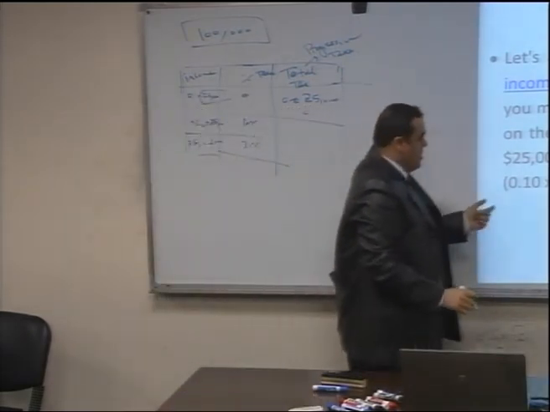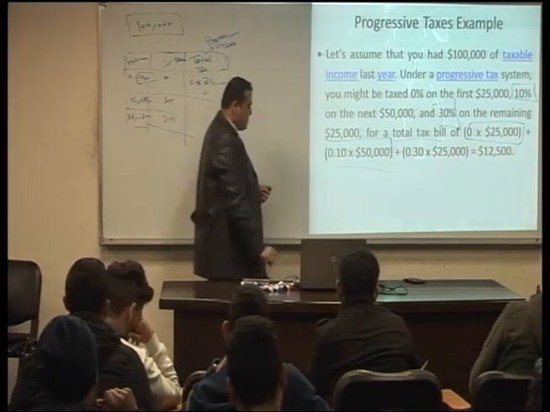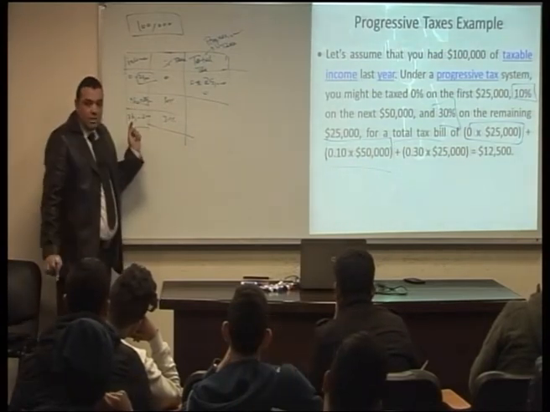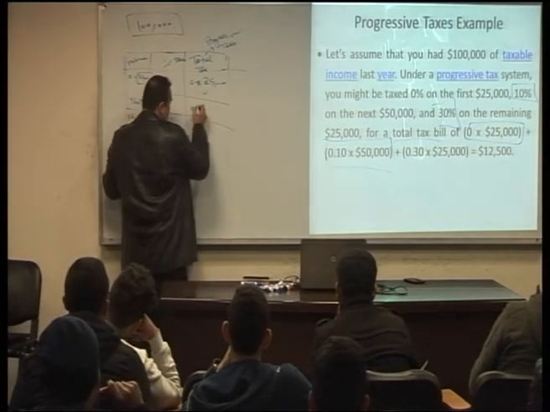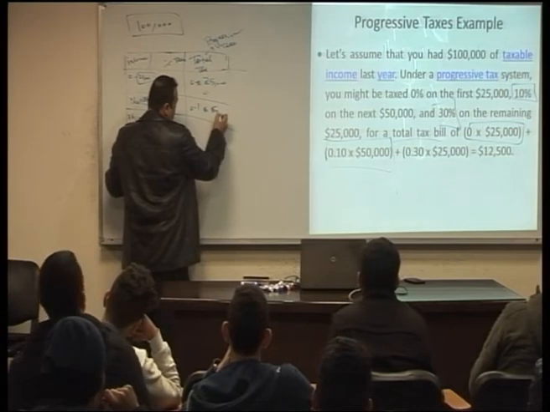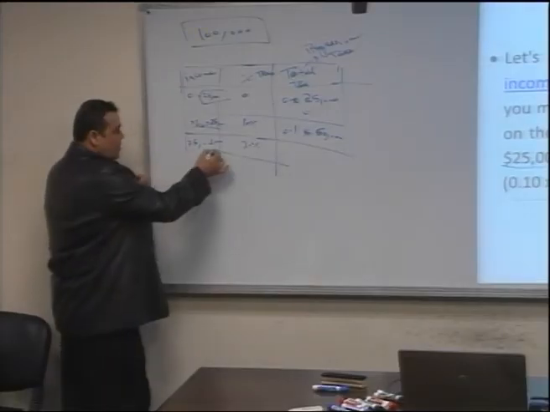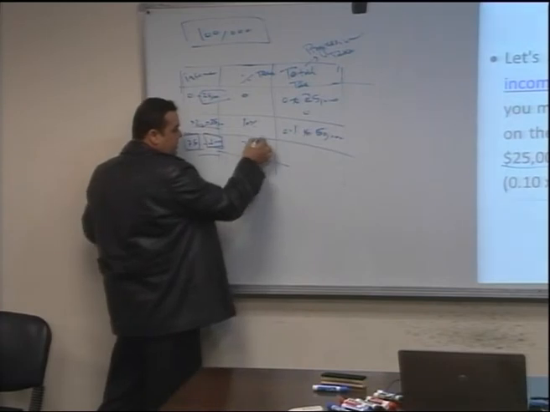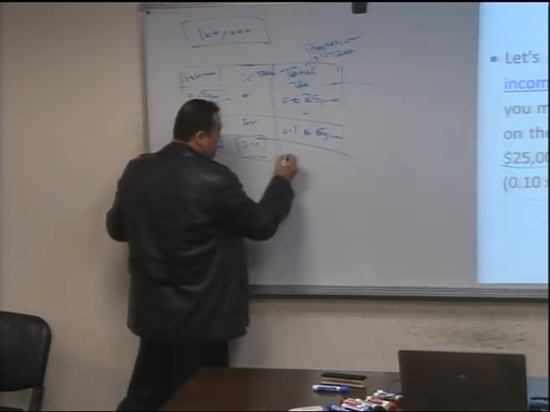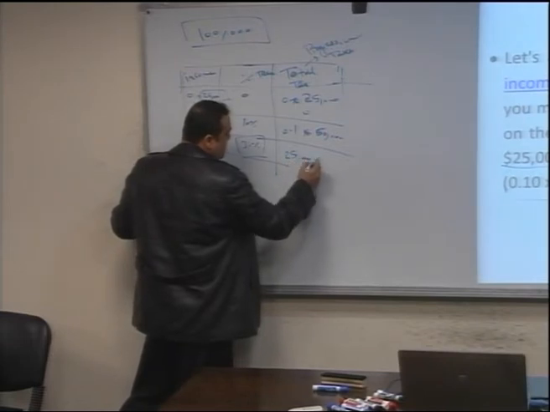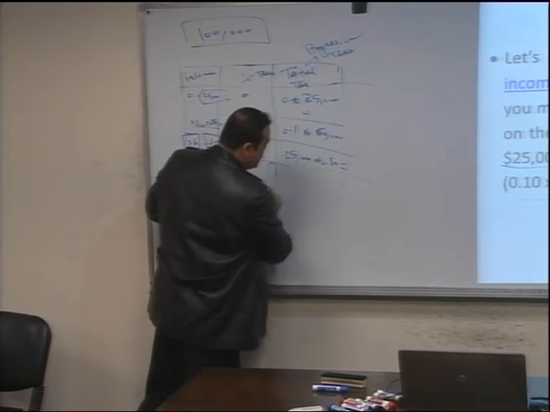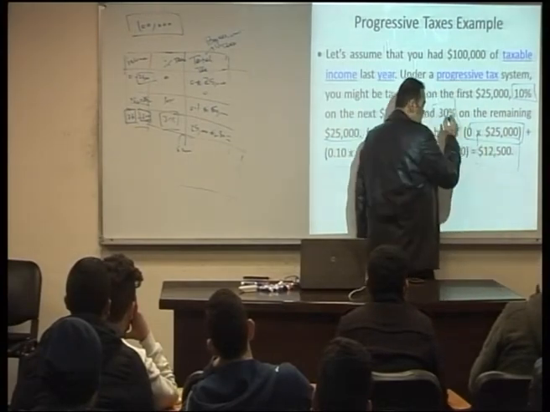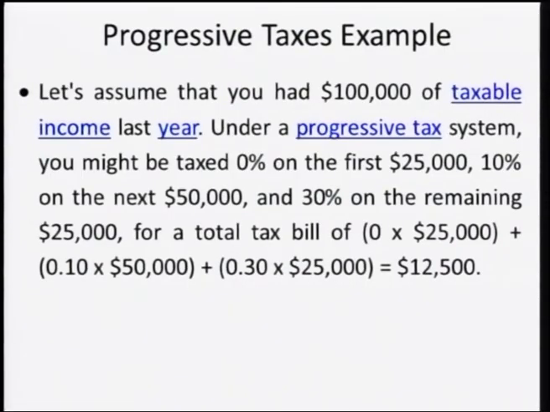Then 10% times 50,000, the difference between these two amounts. So 0.1 times 50,000, and then 100,000 minus 75,000, on which we put 30%, so 25,000 times 30%. We sum them all up. How much is the total? You have to pay 12,500.